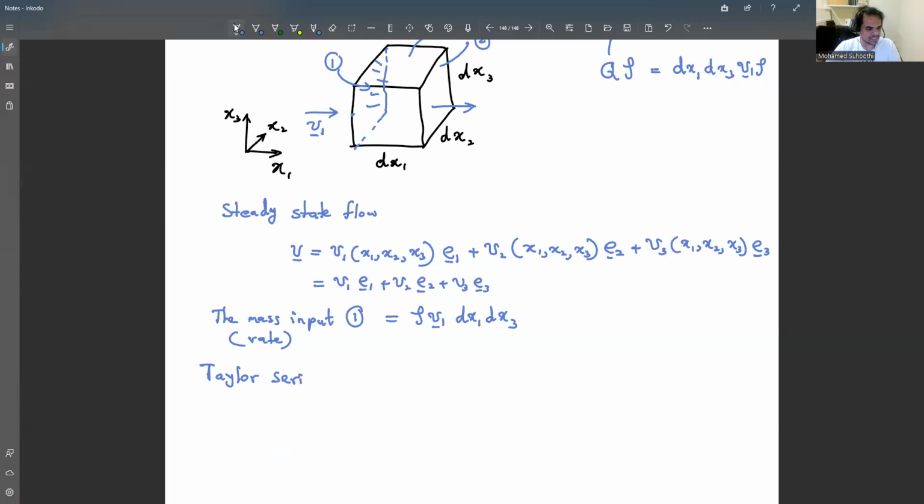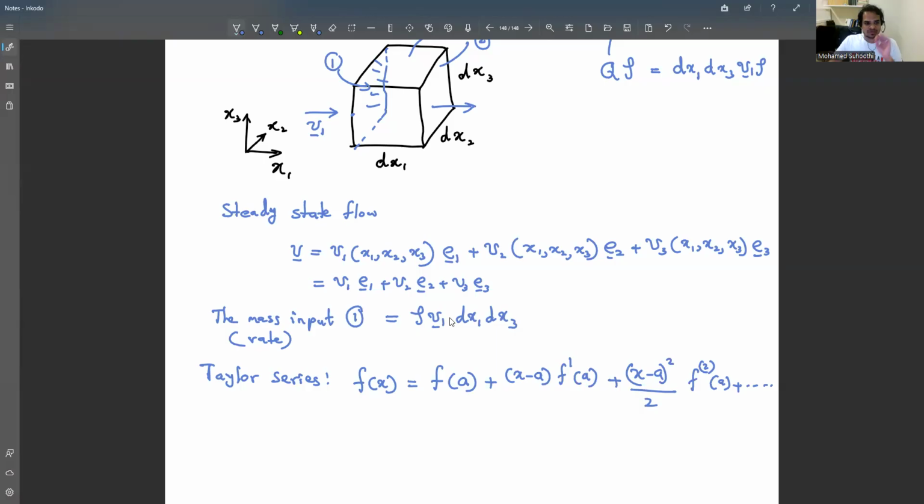So let me write the Taylor series again: f of x equals f of a, plus x minus a times f dash, the first derivative of a, plus x minus a squared over 2 times the second derivative of a. It continues like that, right?